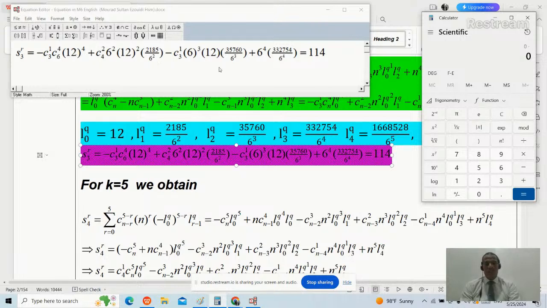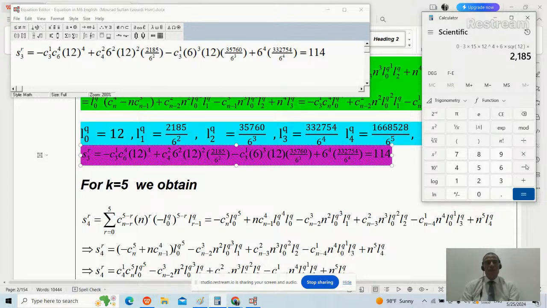Plus 6, combination 4 choose 2 is 6, times 6 squared, which they will be simplified as a common factor, multiplied by 12 squared.